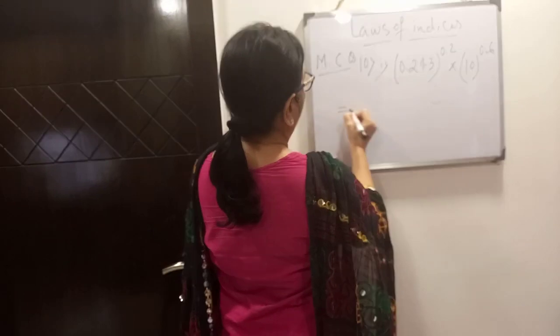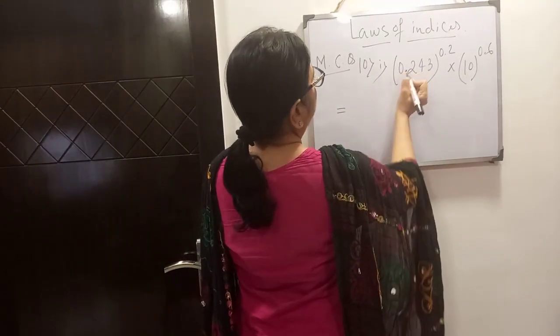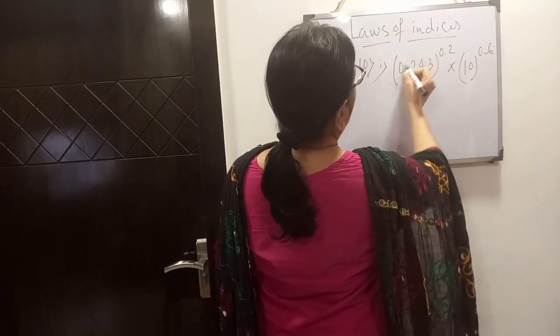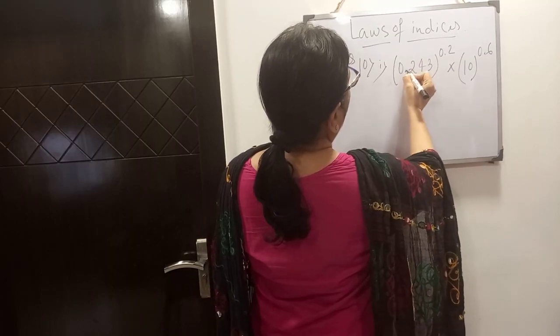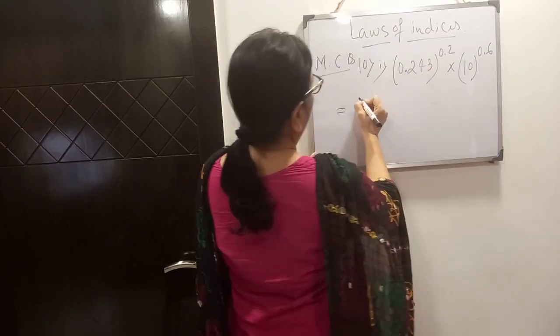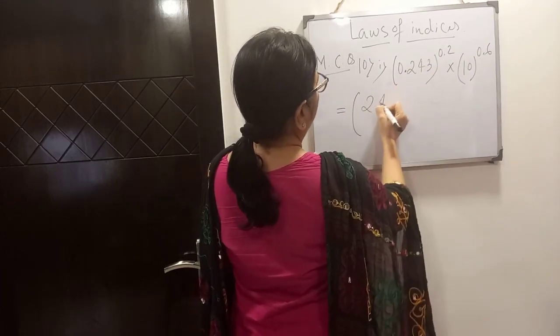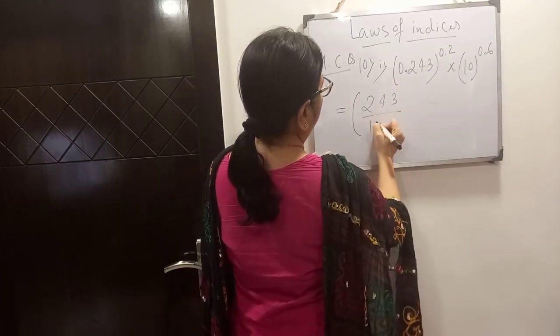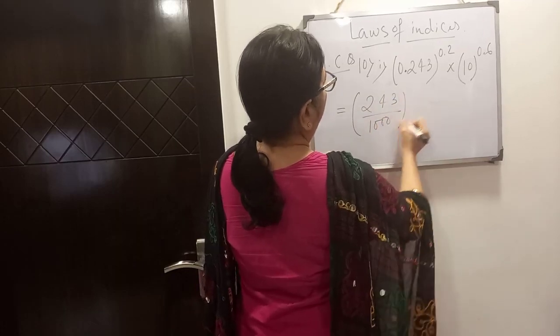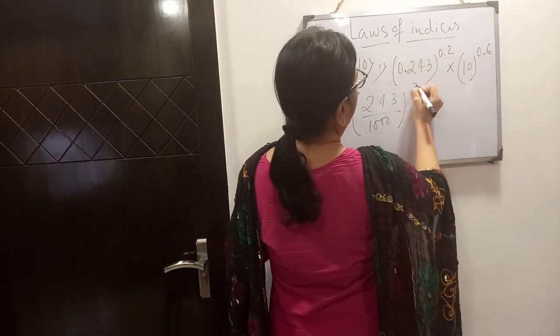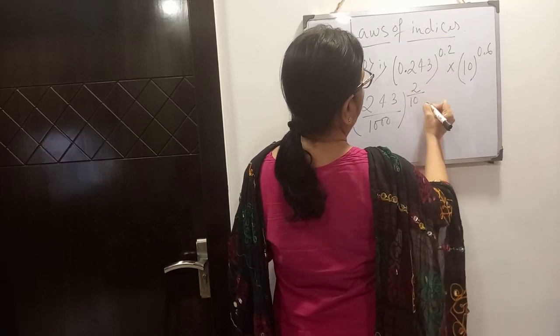First, I will remove this decimal point. So 0.243 will become 243 by 1000, and the power is 0.2, that means 2 by 10.